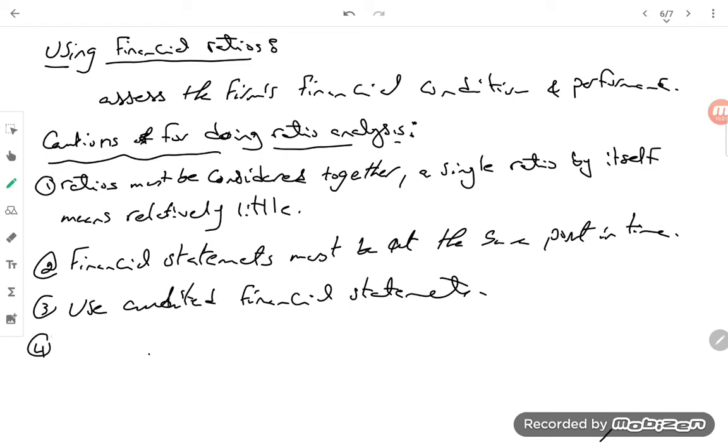Number 4, the financial data that's going to be compared should be developed in the same way.